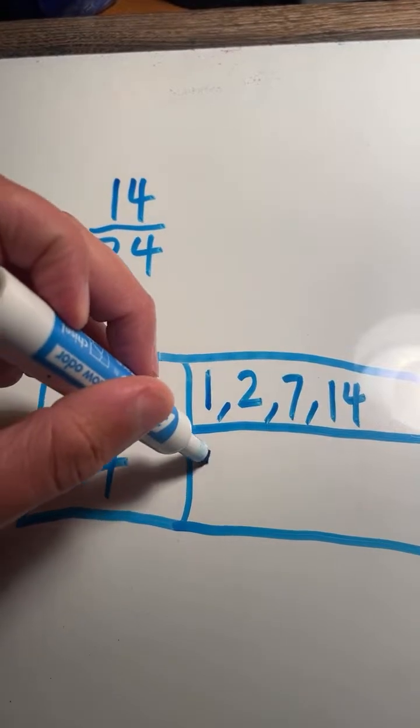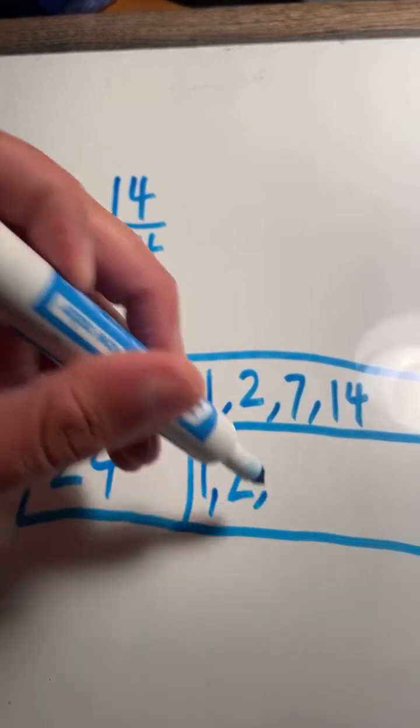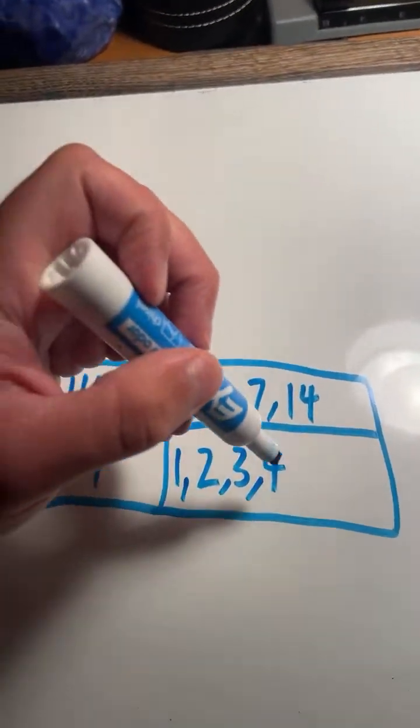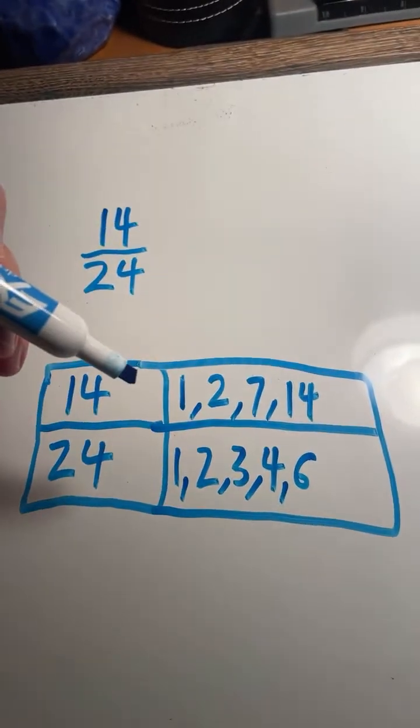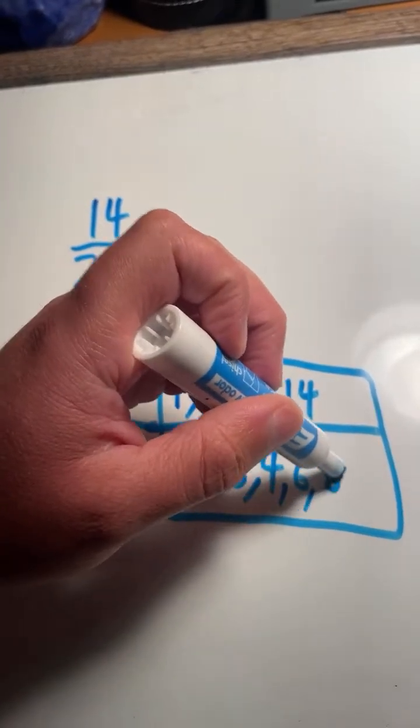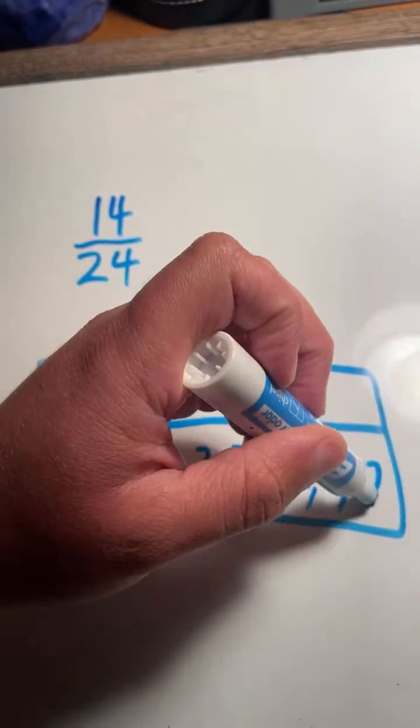Factors of 24, we have 1, we have 2, we have 3, we have 4, we have 6, we have 8, we have 12.